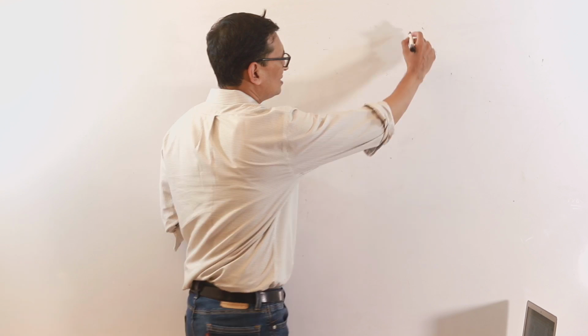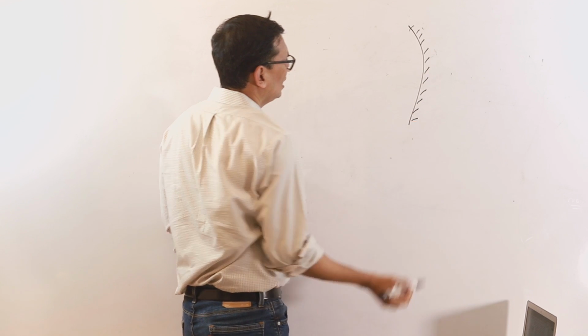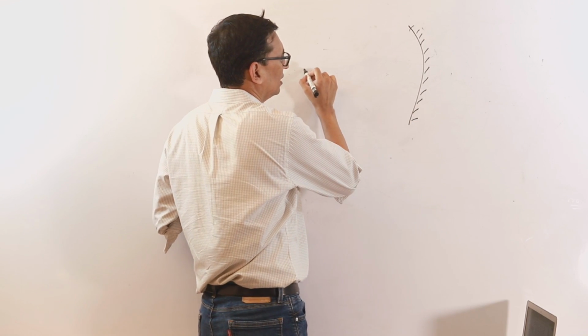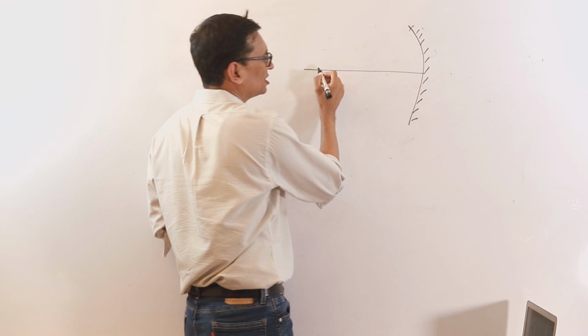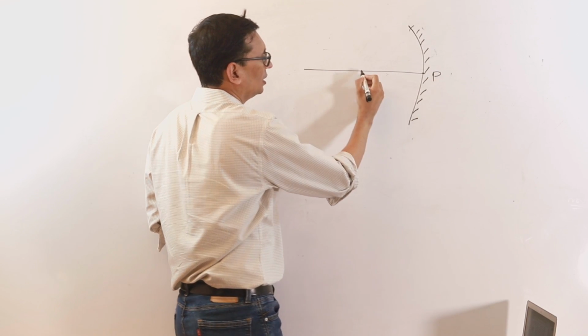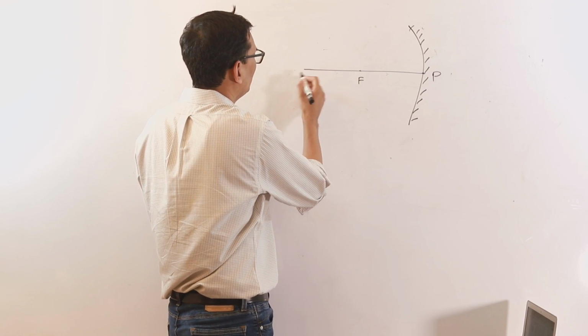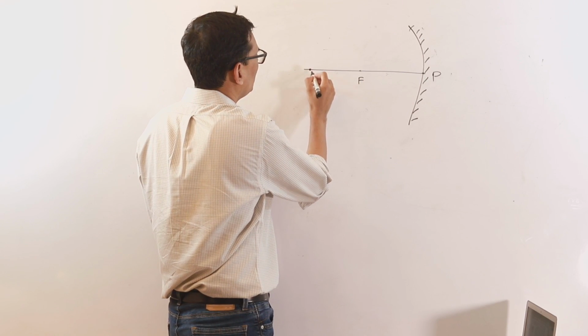Okay, so now here's a question for you. Let's say there is a spherical mirror here, again a concave mirror, and this is a principal axis. This is your pole. This is, let us say, your focal point F, right? And somewhere here is the center of curvature.